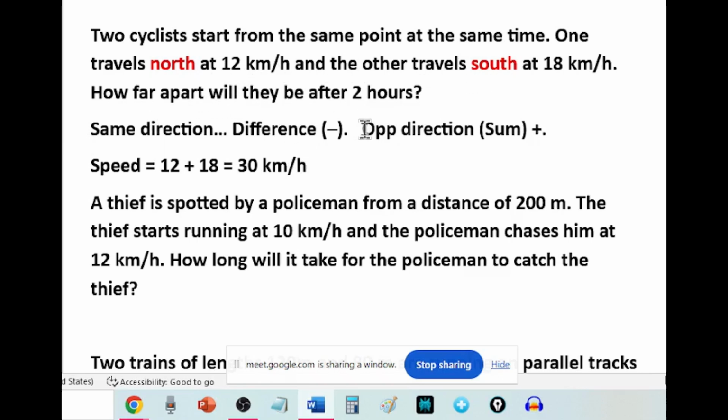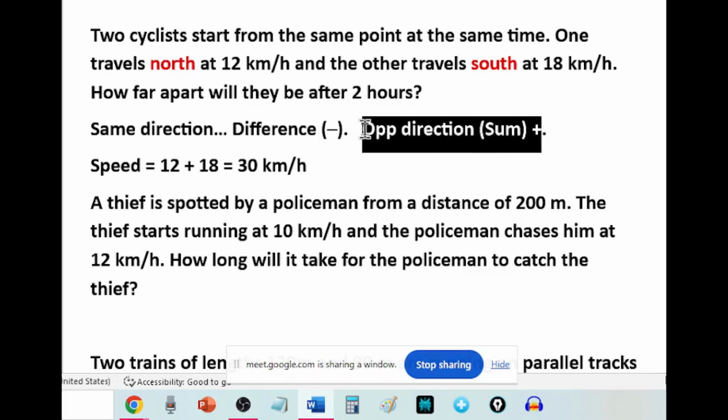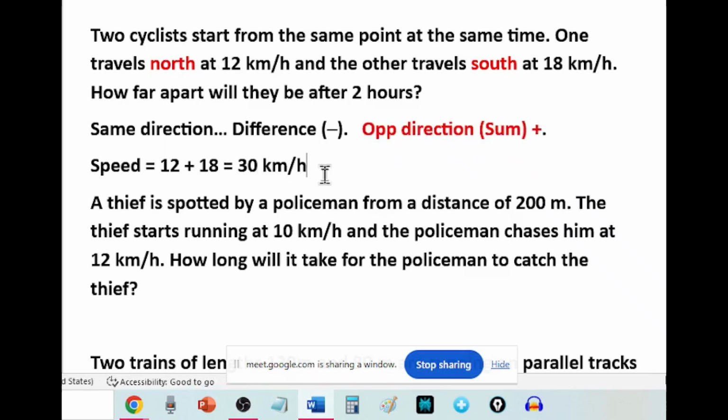Opposite direction, take the sum, plus. Actually we must be writing the units: 12 plus 18 kilometer per hour, that is 30 kilometer per hour.